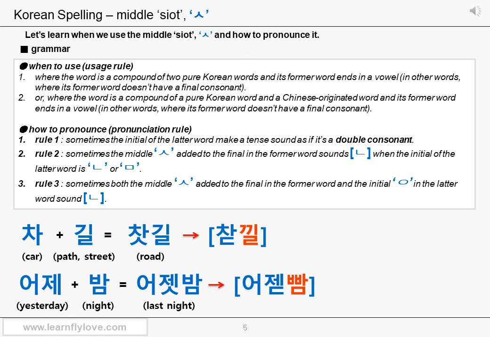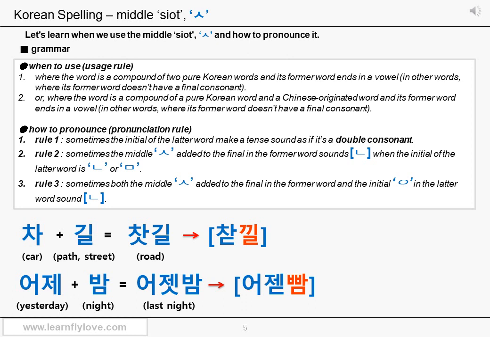The middle siot means the final s consonant, which is used to link two nouns to make one word. The middle siot is added where the word is a compound of two pure Korean words and its former word ends in a vowel. In other words, where its former word doesn't have a final consonant.